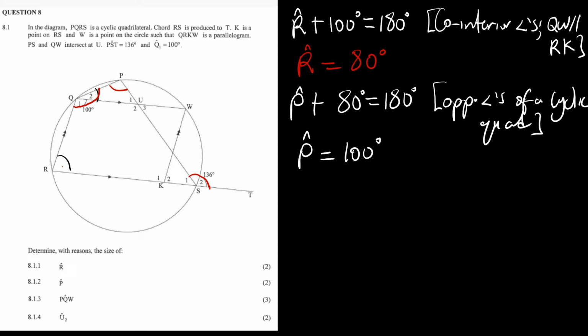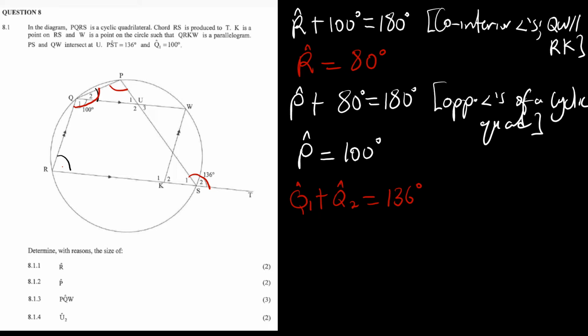So angle Q1 plus angle Q2 is going to give us this 136 degrees, or angle S2.